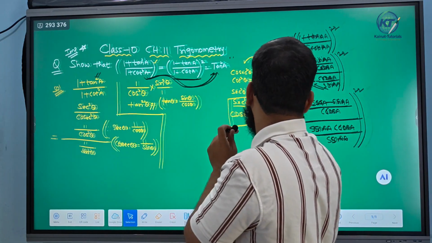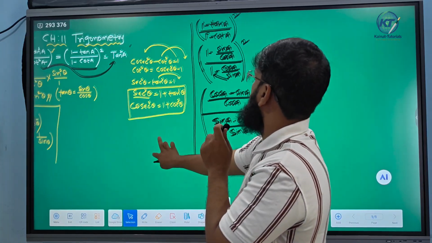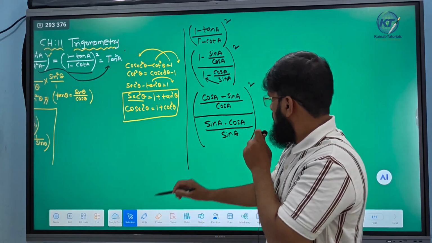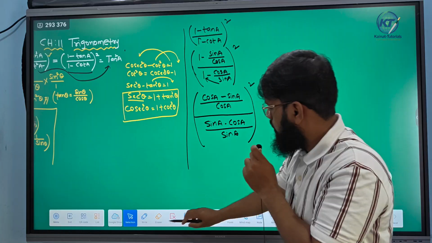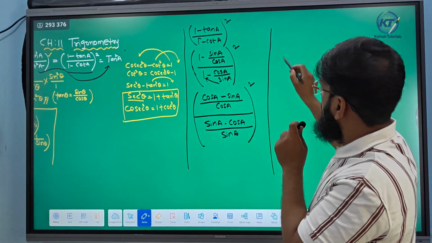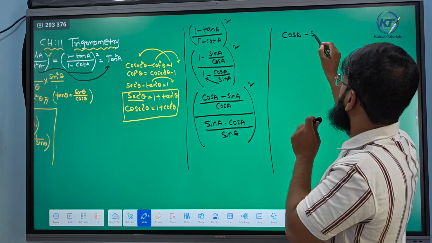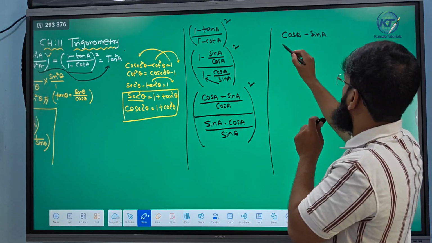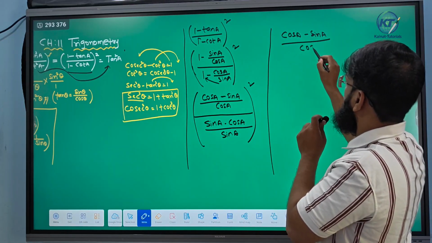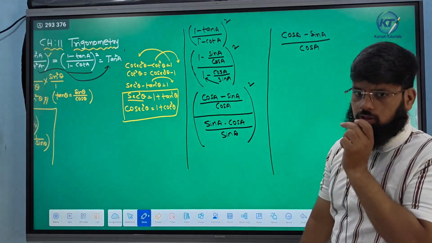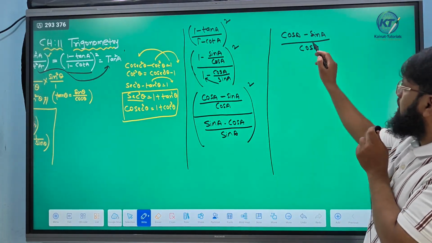Now see here, the next step. Here we can write cos A minus sin A by cos A as it is. This is the numerator part which I have written as it is.